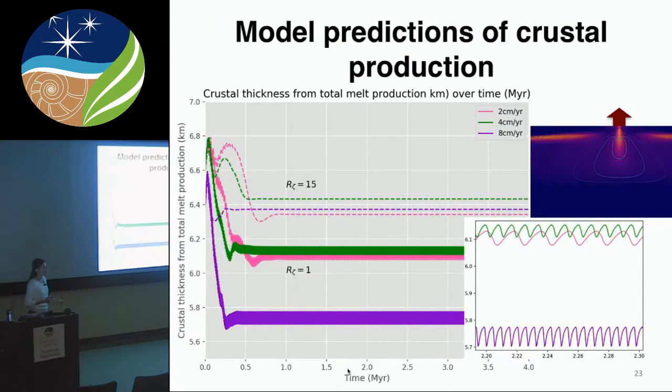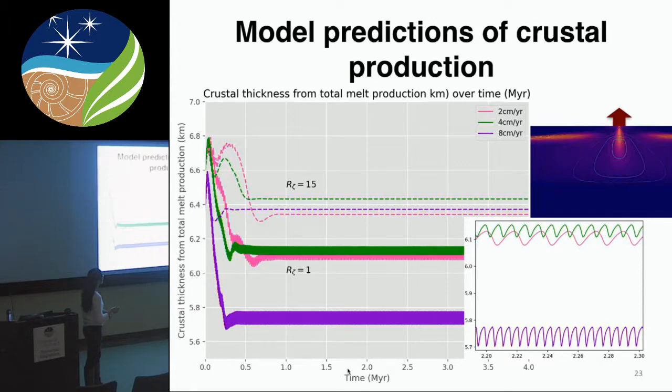I mentioned at the very beginning of the talk that one of the important things observed at mid-ocean ridges is the crustal thickness. So one of the things we can get out of our models to compare to geophysical observation is the crustal thickness. Here I'm showing you a time series of crustal thickness from total melt production.